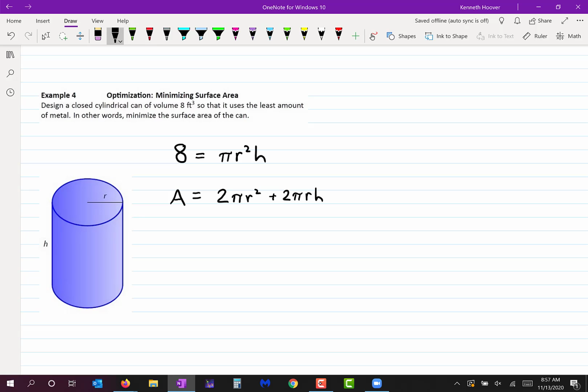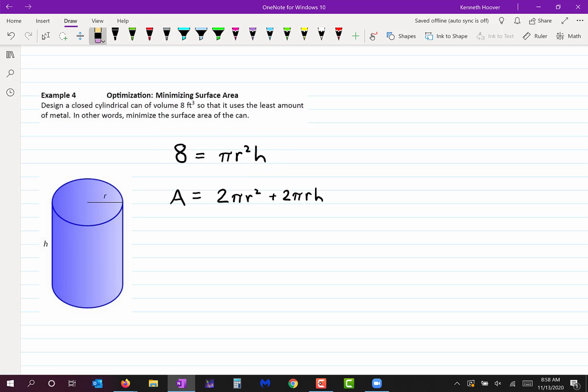So one problem here, like the first two examples, we have two variables, r, but also the variable h. So how do we get around that problem? We're going to use this.